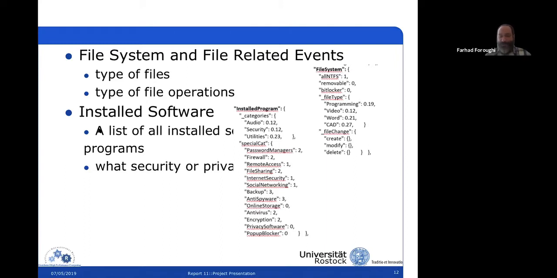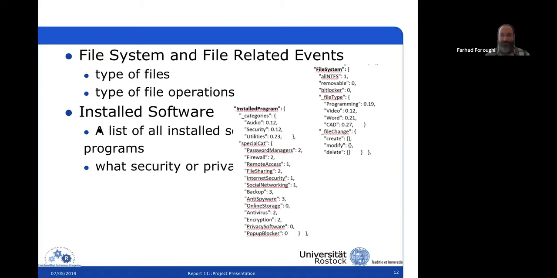For installed applications, firstly, it requires obtaining a list of all applications. To protect user privacy, as I said, and to analyze the applications, we only need to understand which category each application belongs to. We don't know what exactly application is installed.